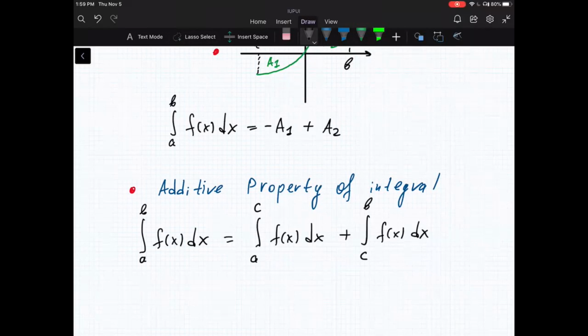And of course, you should assume that f is integrable on all three intervals: ab, ac, and cb.